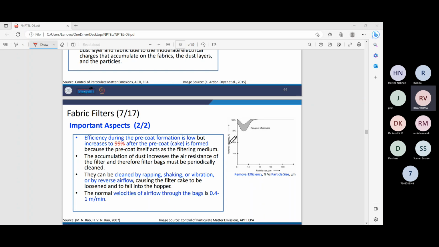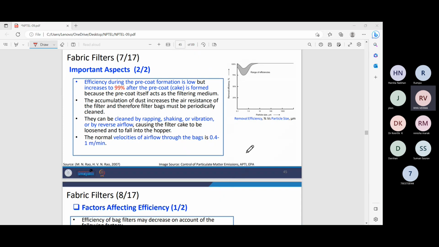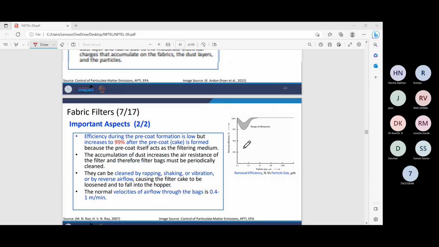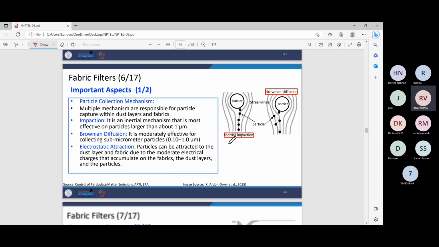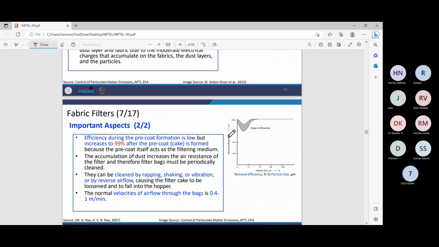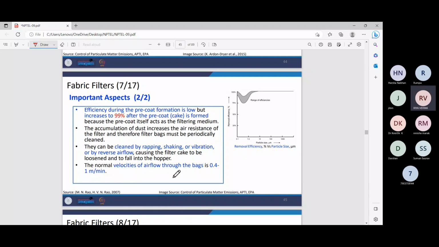By doing these processes, the filter cake will be loosened and will fall down into the collection hopper that is below this filter. The normal velocities of airflow through the bags are 0.4 to 1 meters per minute.